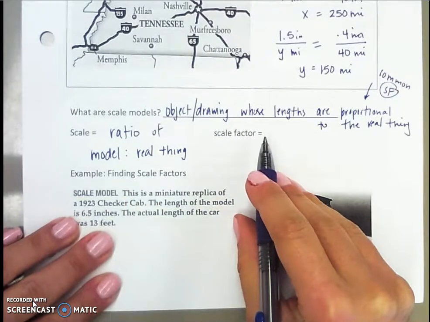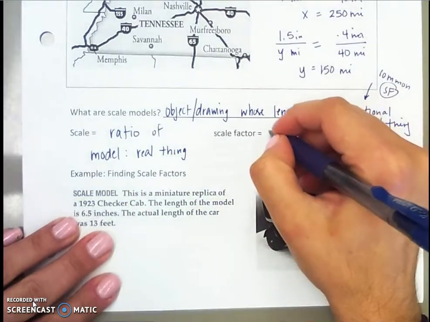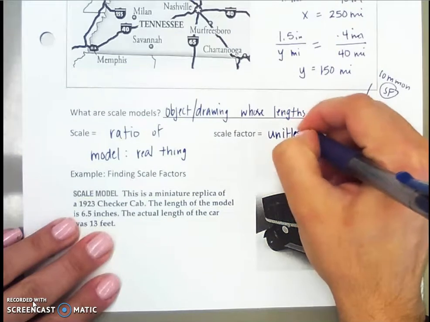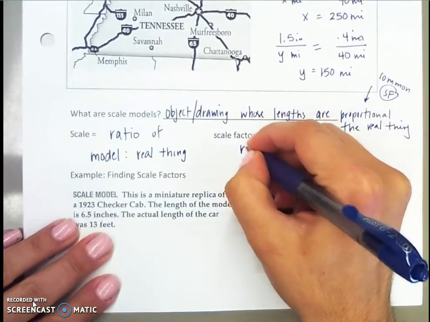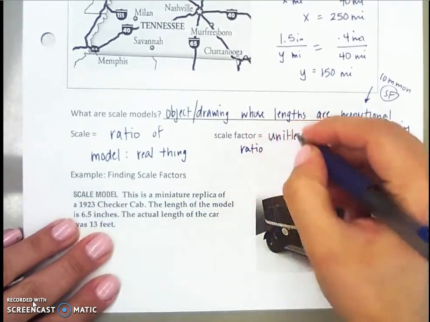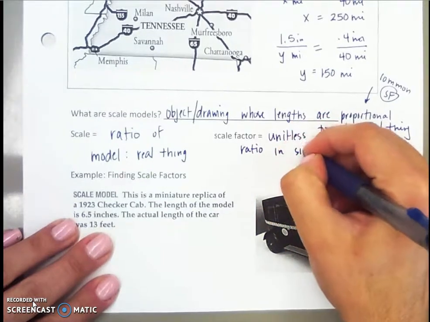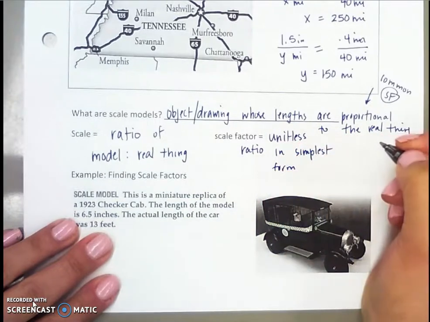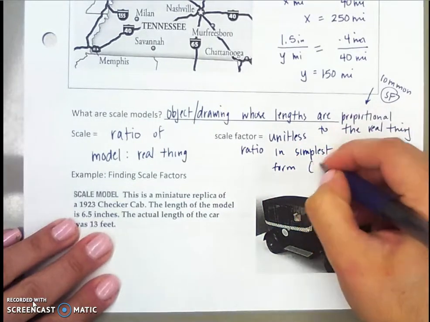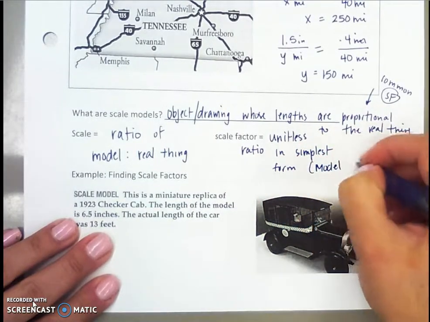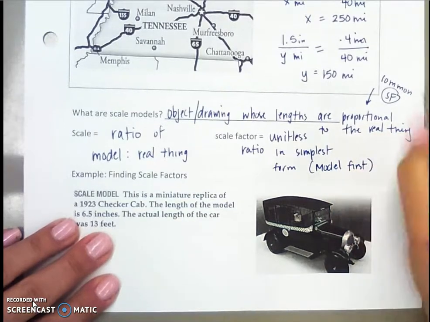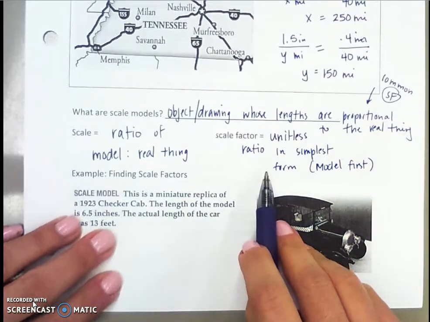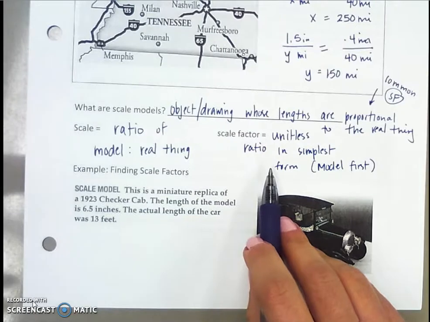Scale factor is a unitless ratio in simplest form. Again, with the model first. So we've been using scale factors a lot, and every time we have a scale factor, there's never been a unit to go along with it.